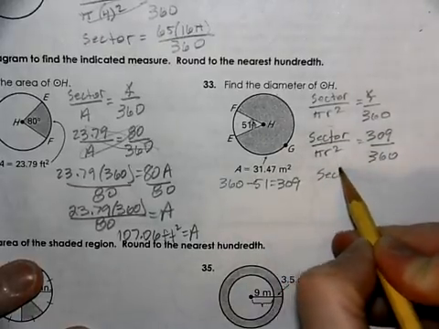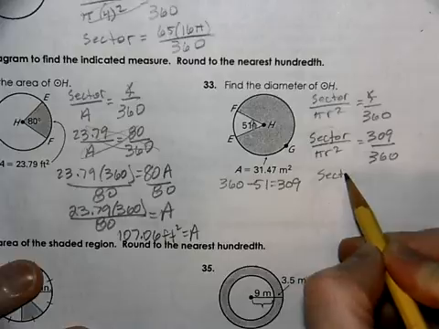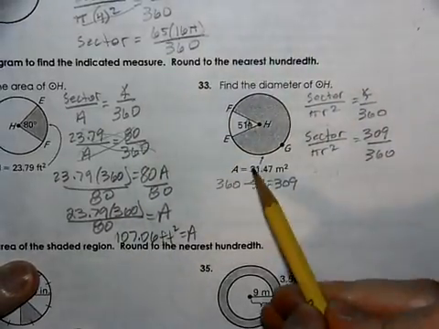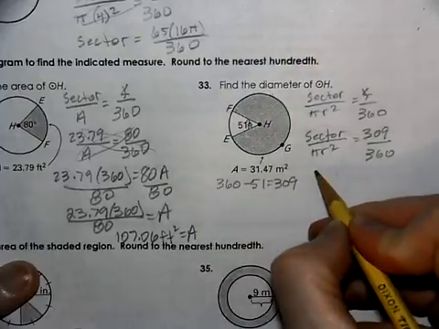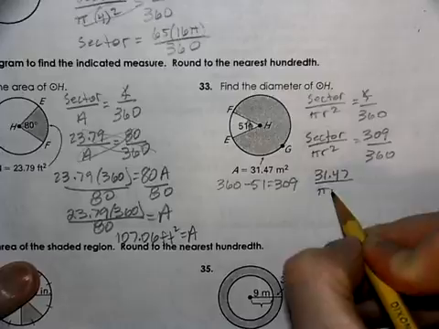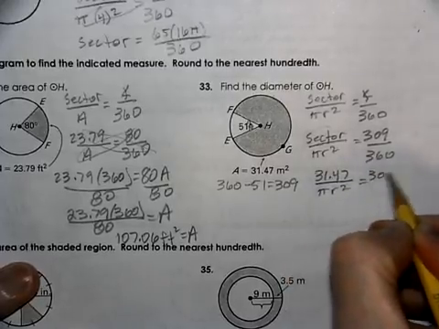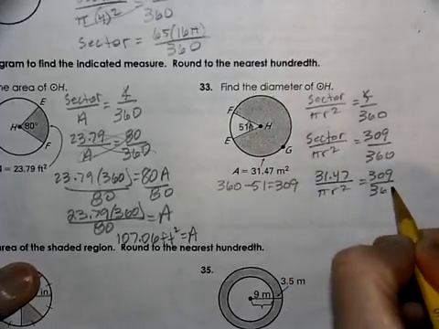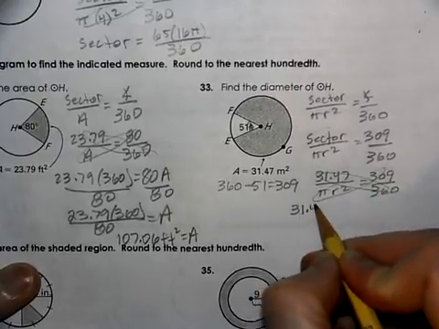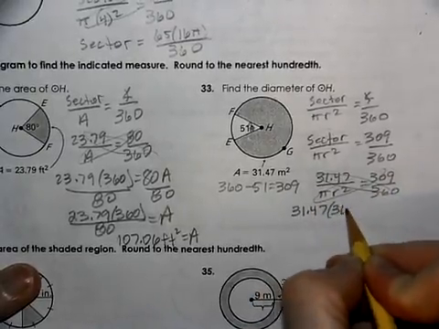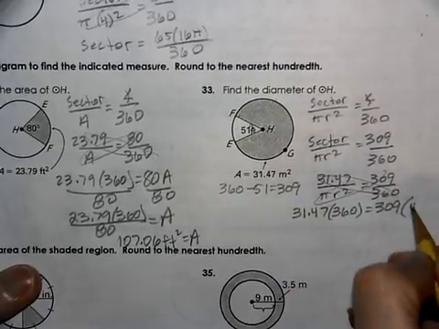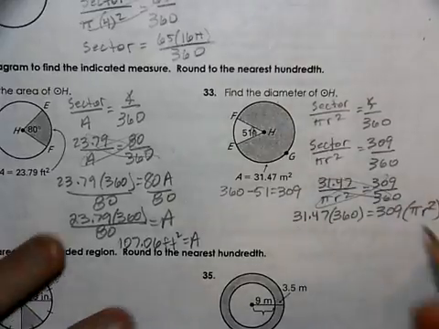So we're looking for the sector. Oh, sorry, did it again. The sector's already been given to us. The sector area is 3147. And we'll cross multiply to get 3147 times 360 to equal 309 times pi r squared.